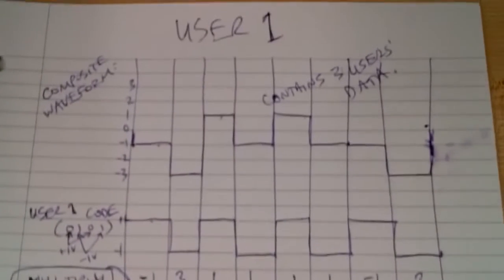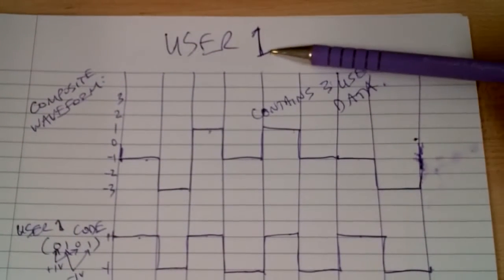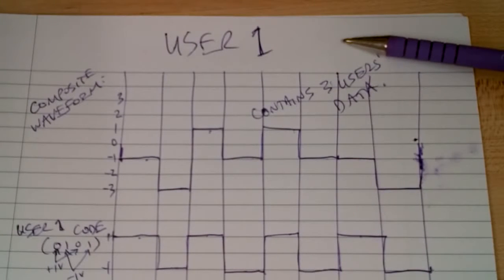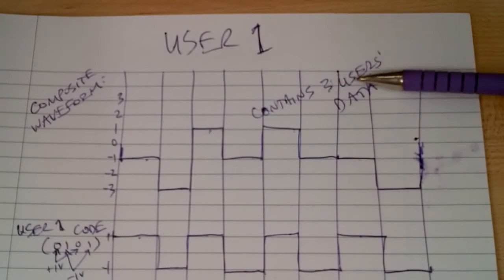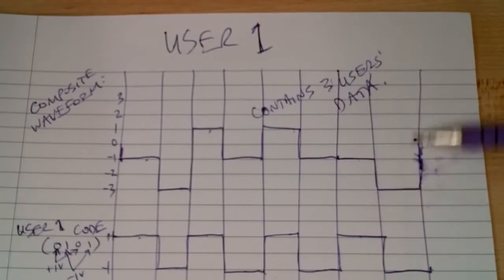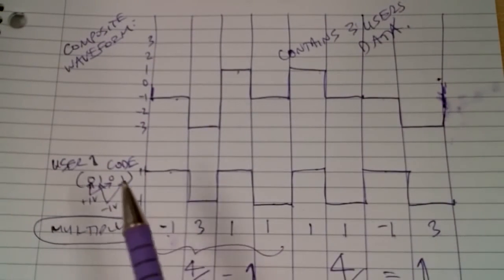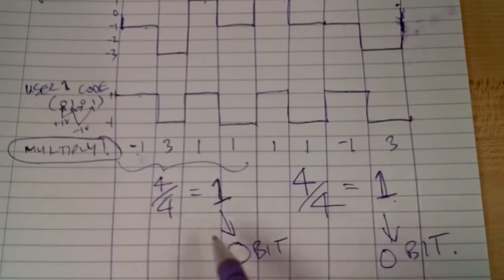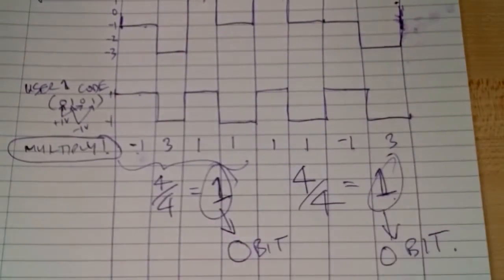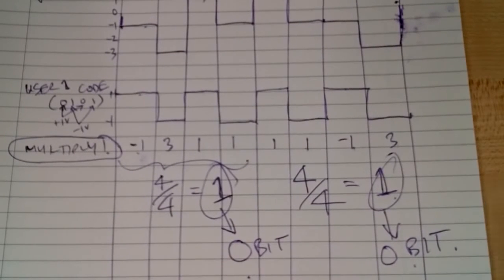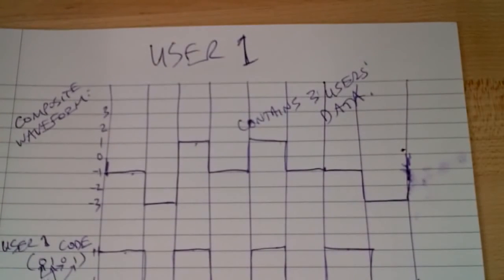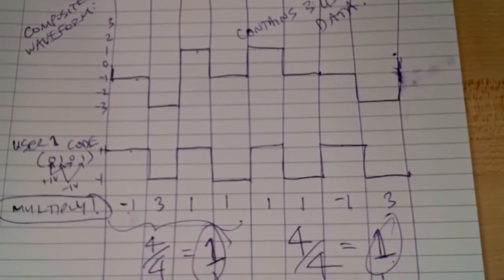So you see what happened was, user 1 spread the signal with a spreading code, user 2 did the same, user 3 did the same, all those 3 signals were added together, then we applied user 1's code to that composite signal, and magically the original data was recovered, 0 and 0. So now you can try it for user 2 and 3, and hopefully you will find that the same thing happens.